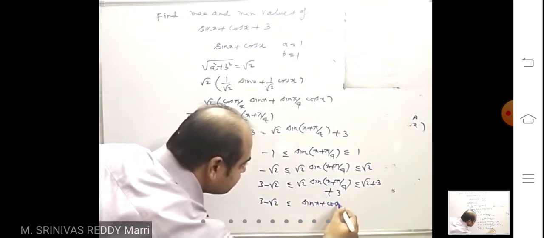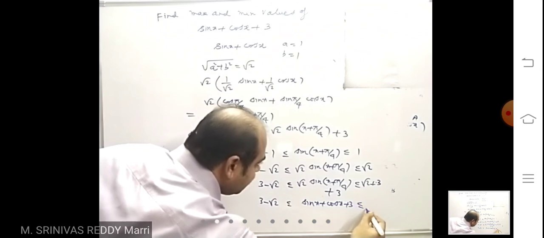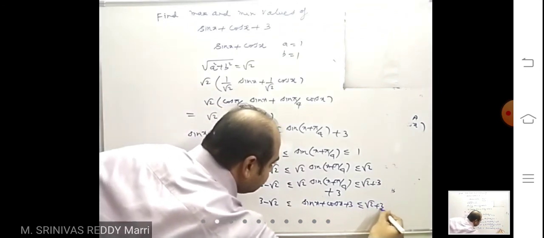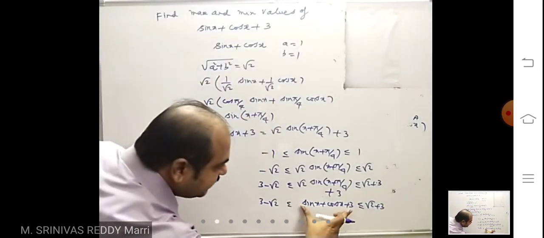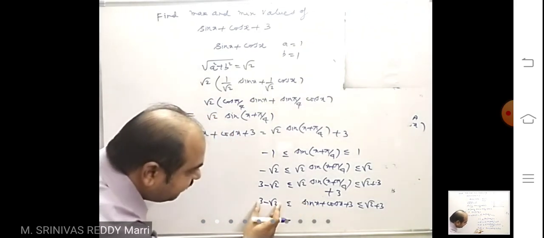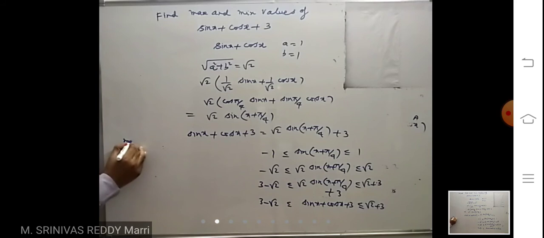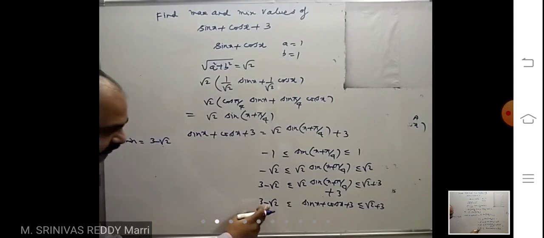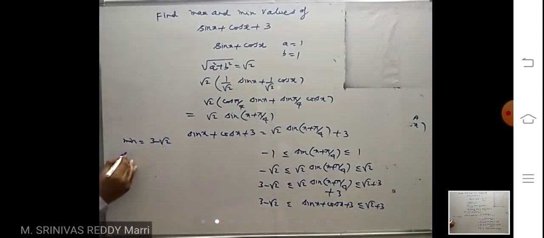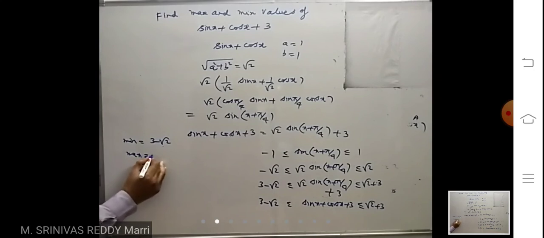The expression is less than or equal to root 2 plus 3. That means it will lie between this value and that value. Therefore the minimum value is 3 minus root 2, and the maximum value is root 2 plus 3.